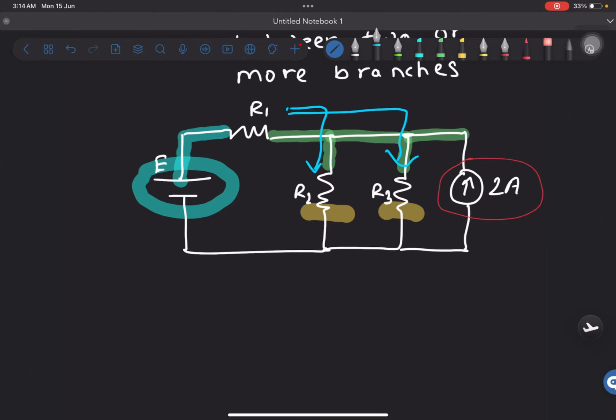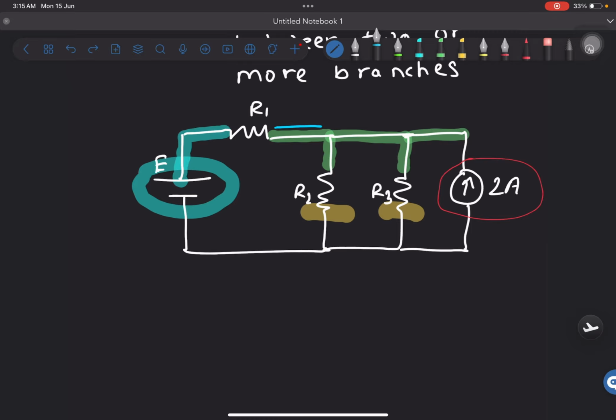So these are two different paths. So how can it be the same branch? The same branch or the same node? Well, if you think about it, is there anything present over here? No. We will only call it a single branch or a single node when there is nothing inside.